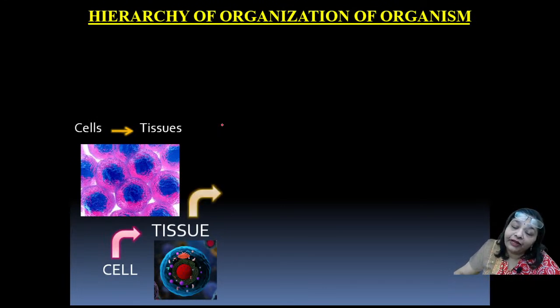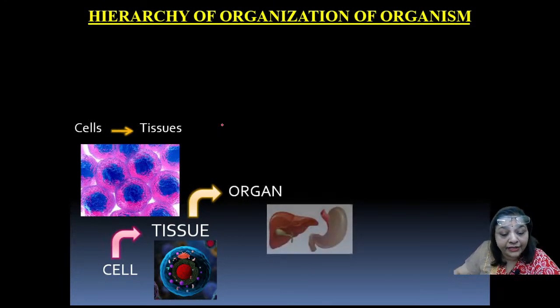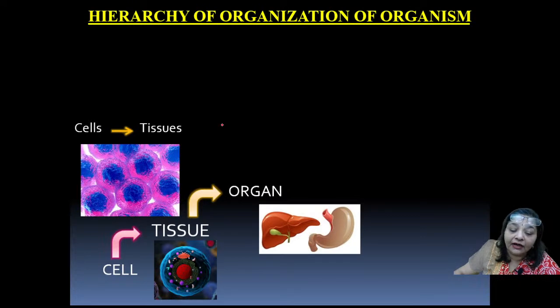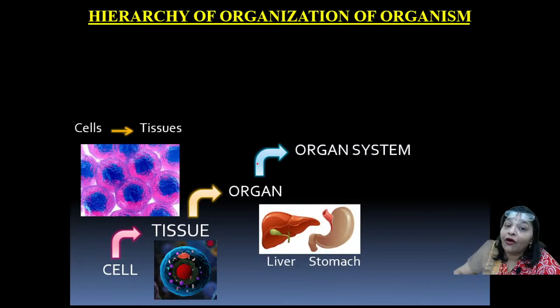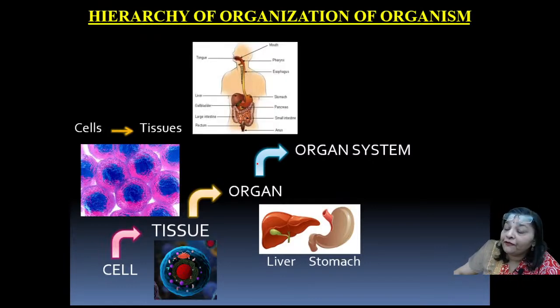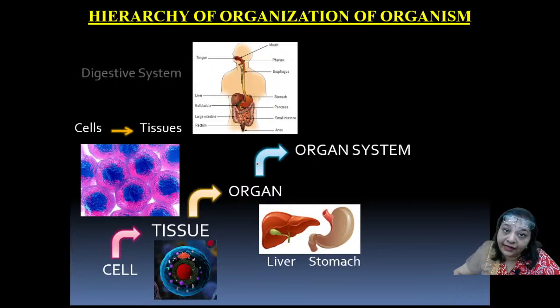Now, when these tissues are grouped together, they form what are called organs. Organs like the liver and the stomach of the digestive system, which we have already seen, isn't it? Now, digestive system, what is that? It's an organ system. When organs are arranged together sequentially to perform specific life processes, it is called an organ system. Like here you see the digestive system.